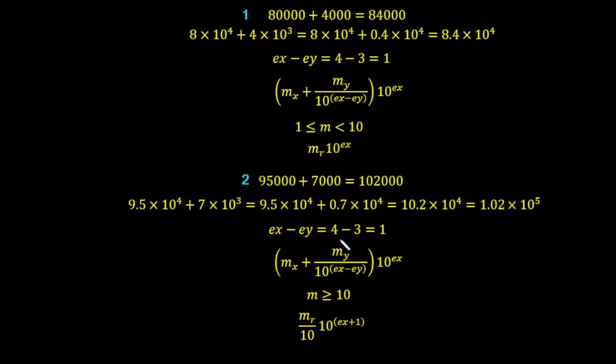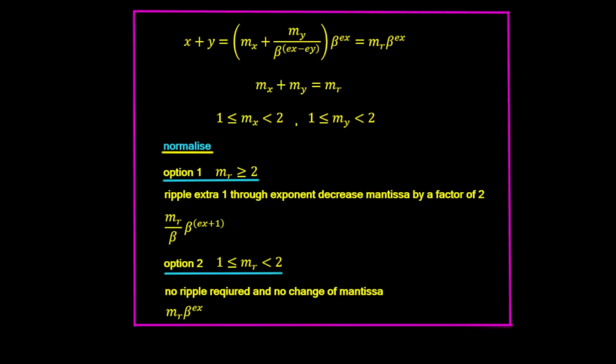And that's what this little algorithm here tells us. The final result we get, the exponent increases by 1, but the mantissa decreases by 10. So there's different little algorithms that can occur depending on what numbers you have. So this is the little algorithm for the addition.